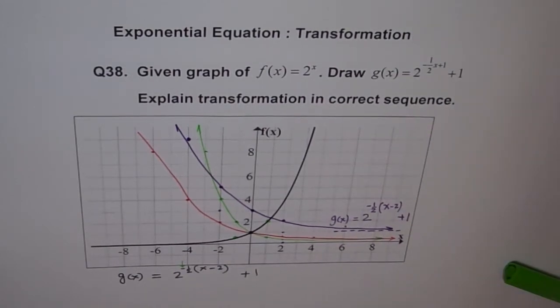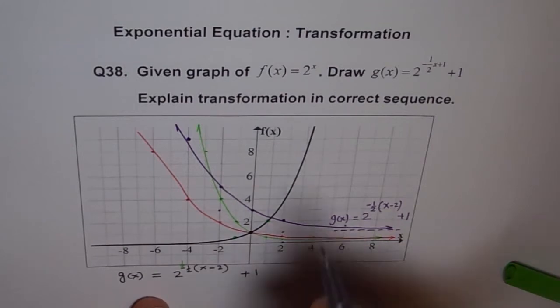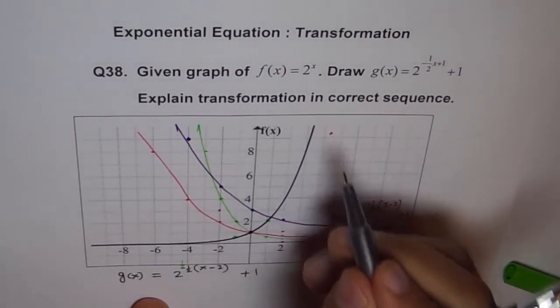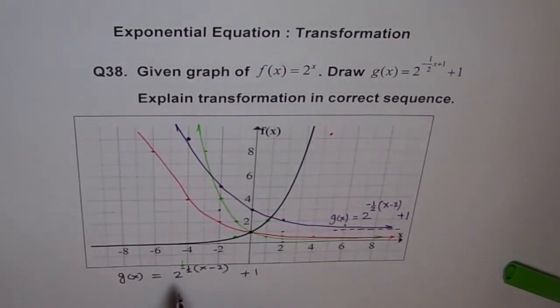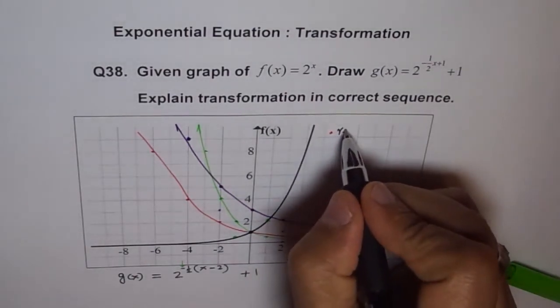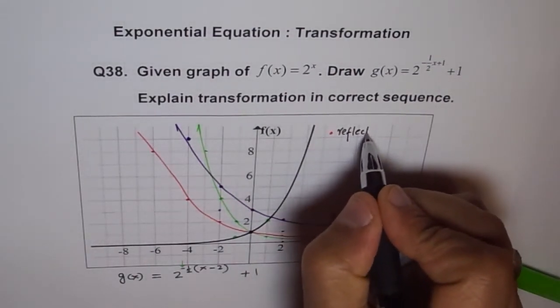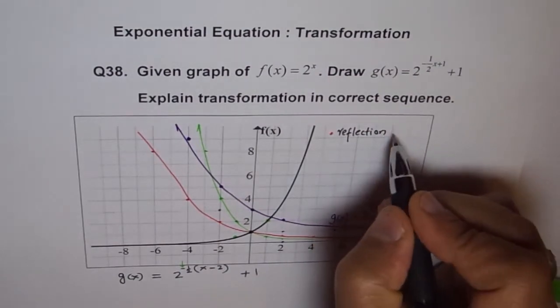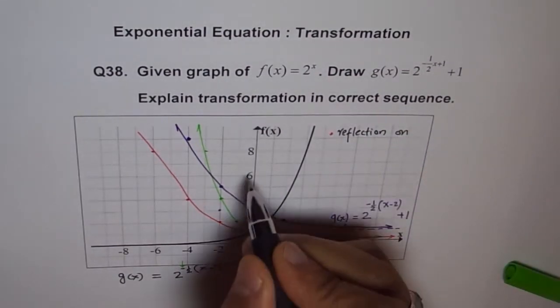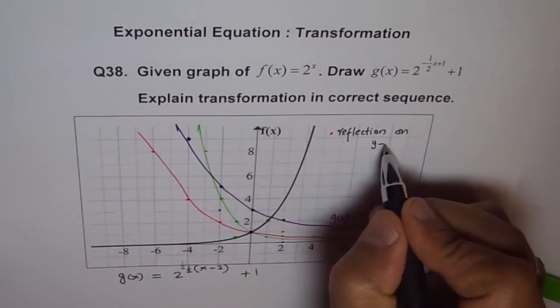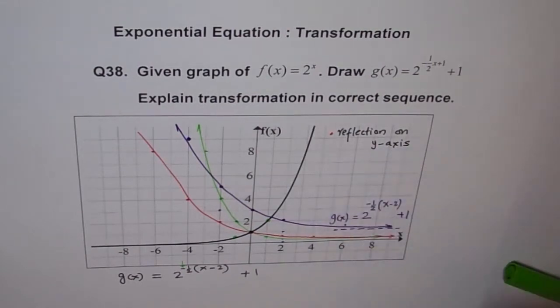Now, it's a good time to write down all our transformations here. So let's write down the transformations one by one, starting from left to right. So we can say first, this minus indicates the reflection on which axis? Y-axis. Correct?